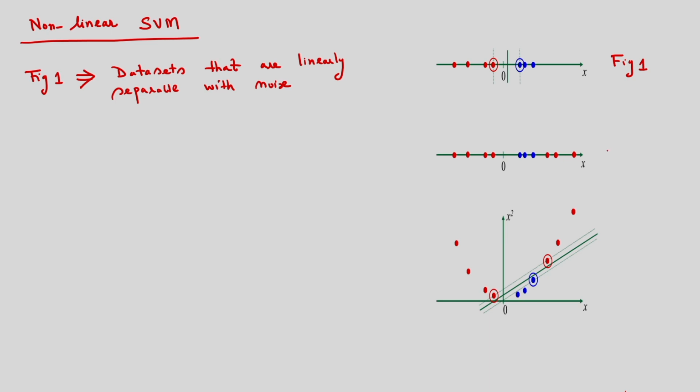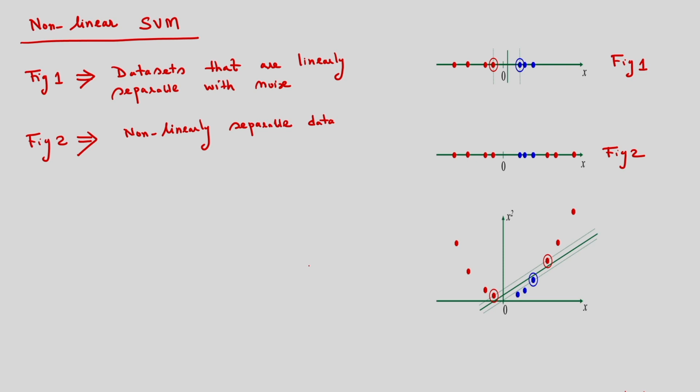But if I consider figure number 2, you can see these samples are not linearly separable. So it is very difficult to find a decision boundary between the samples of the two classes. So figure number 2 I can consider as non-linearly separable data.